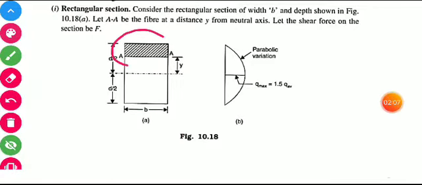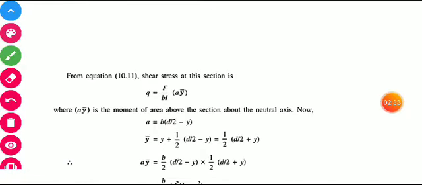For this section, b is this width, and we want to calculate this thickness, so thickness will be equal to d by 2 minus y. This into this becomes a rectangular area, which is put here: b into d by 2 minus y.